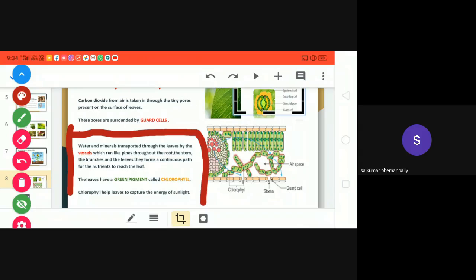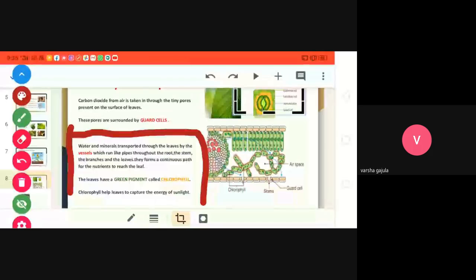There are some structures that function like pipes. From those pipes, water and minerals reach from the soil to the leaves. And those pipes are called vessels.